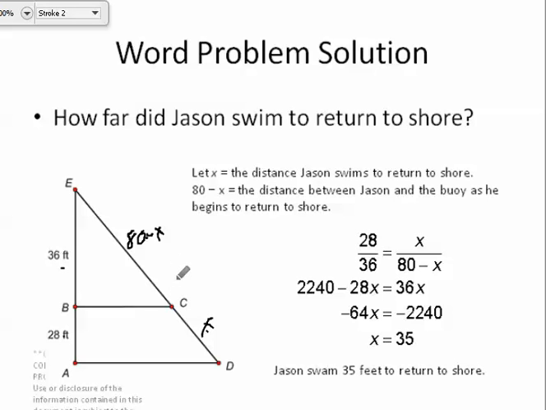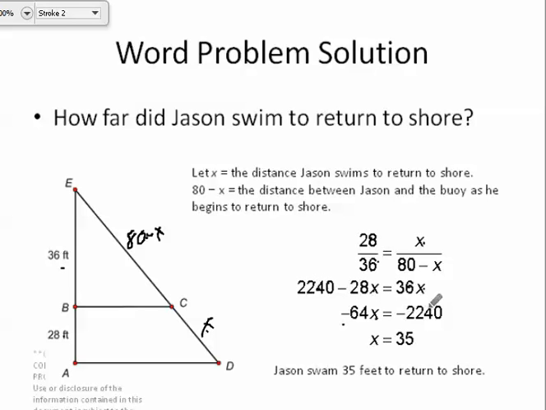Woohoo! And then when we multiply this out with our means and extremes, x times 36 is 36x. 80 times 28 is 2,240 minus 28x. I got to get my variables on the same side, and so they're going to add the 28x and give me 64x over here.